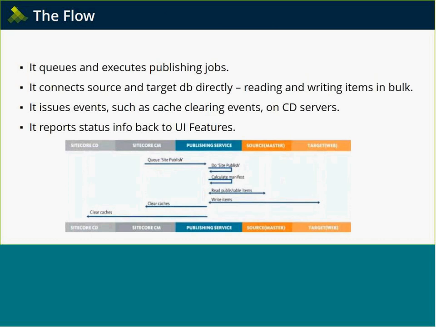This is the flow of how Sitecore performs the operation when we are using this new service. This flow diagram is shared by Sitecore. For queues and executing publishing jobs, as you can see, from Sitecore CM it is queuing the Sitecore items. Then it connects directly to the source and target databases, reading and writing items in bulk.